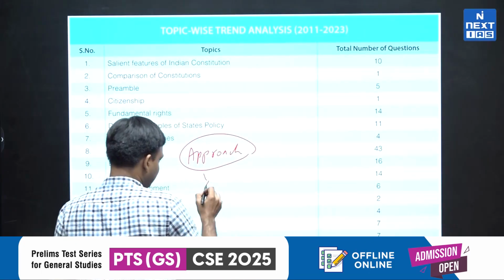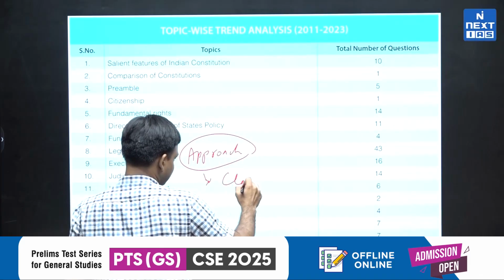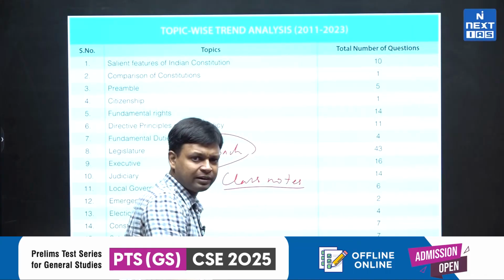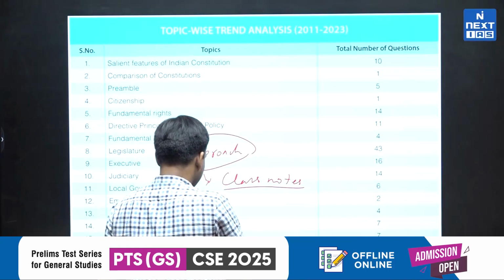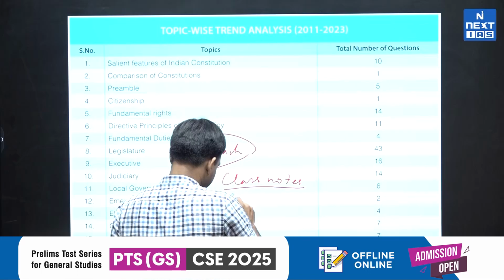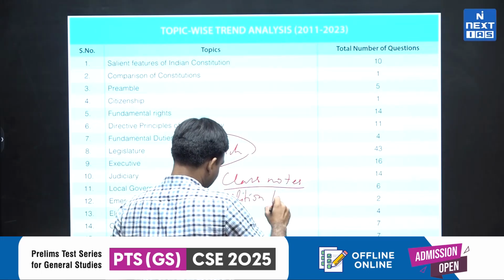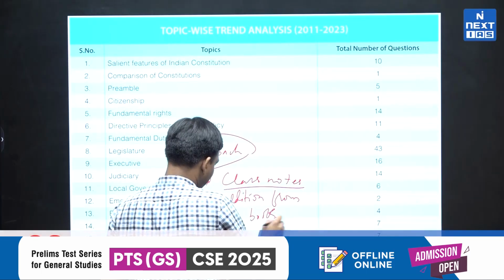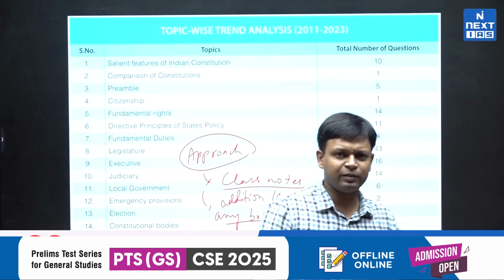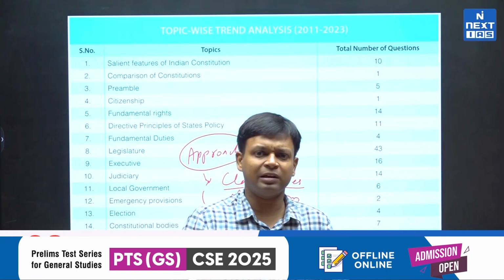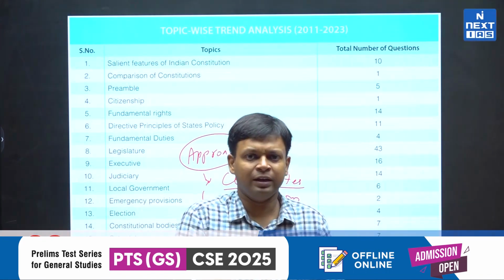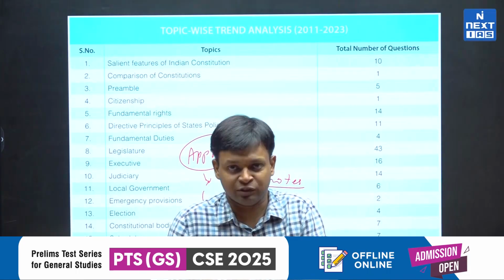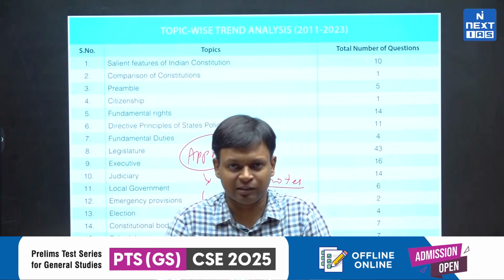I already told you, you have to go through your class notes or whatever notes you have made from whatever sources, and add from any book. So, whatever notes you have made from classes, you add some relevant information which you are getting in a book in addition to what you have done in your class, because class notes will always have some limitations in terms of coverage. Everything cannot be covered in detail in a class.